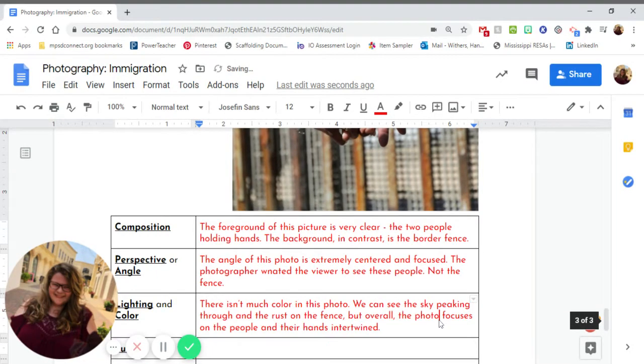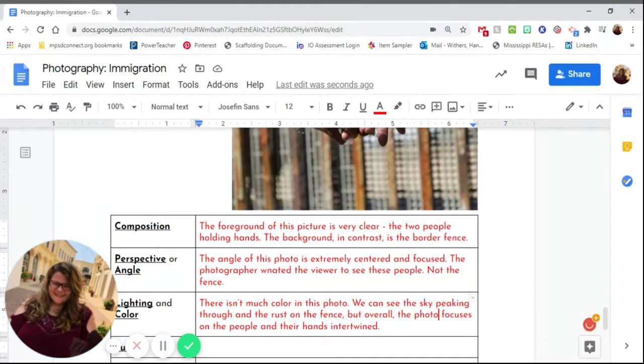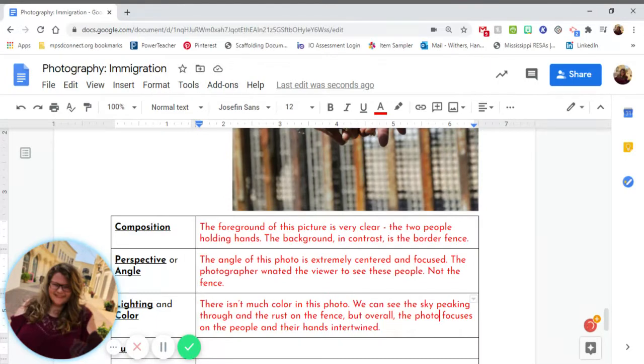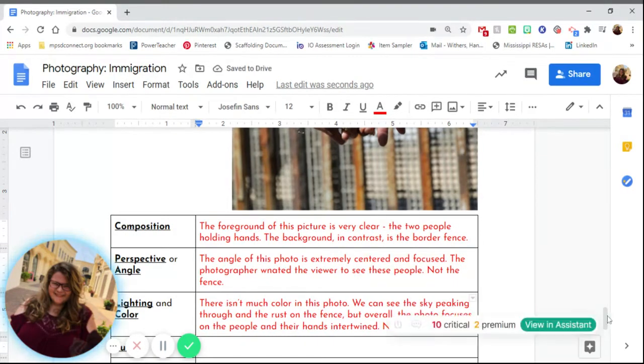So they're not wanting to distract from these two people that are holding hands right there by the border. They don't use distracting colors. They want to focus on these two people. They're simple, they're love, I'm assuming. No distractions. Because colors are distracting. You know, you see red, you're like, whoa, red.